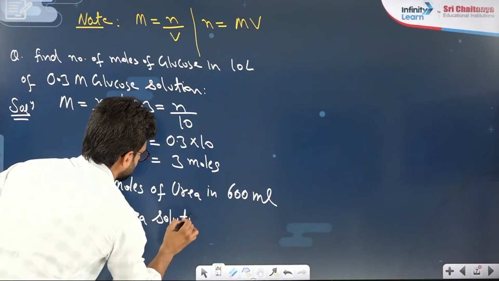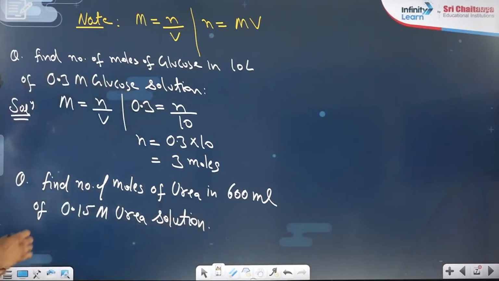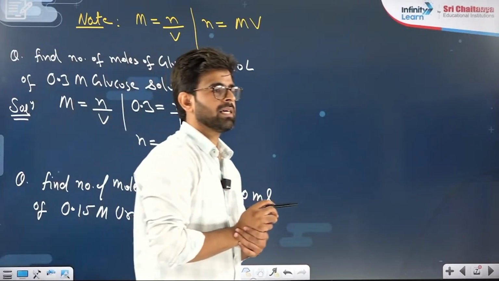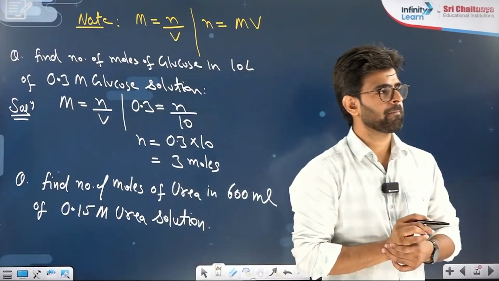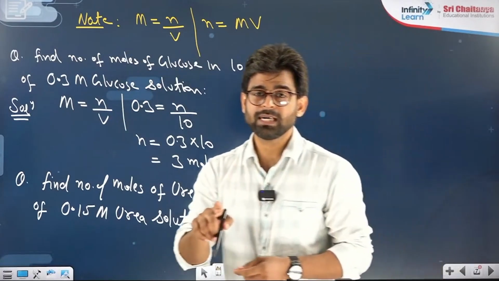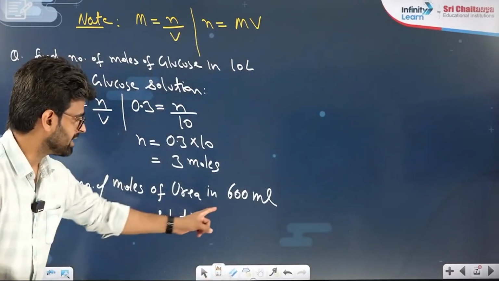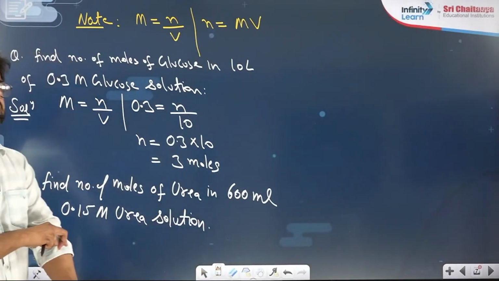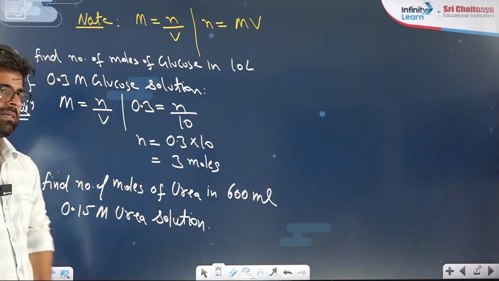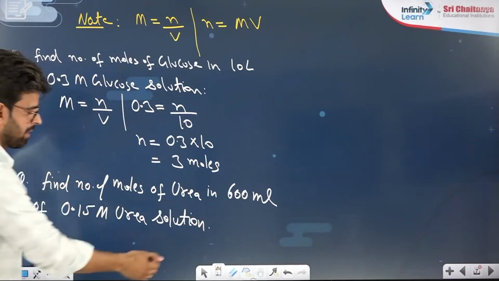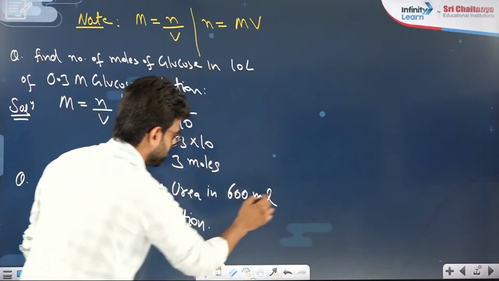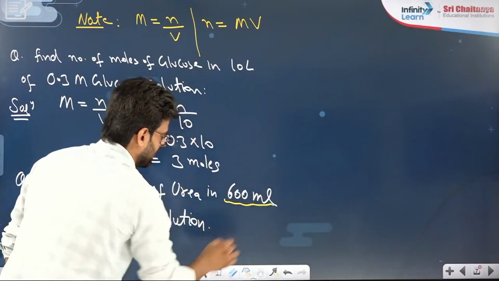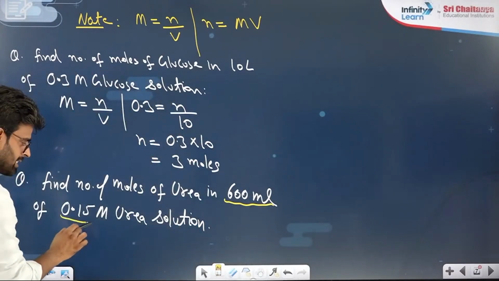Give the answer very carefully. Find moles of urea. This time the volume is given in 600 ml, so please be careful with the answer. This time the volume is in ml. Molarity is given.